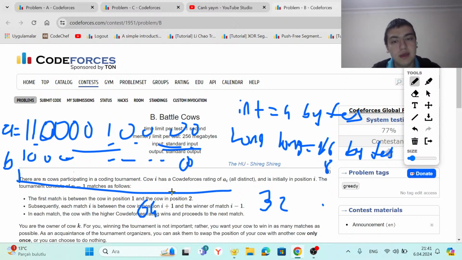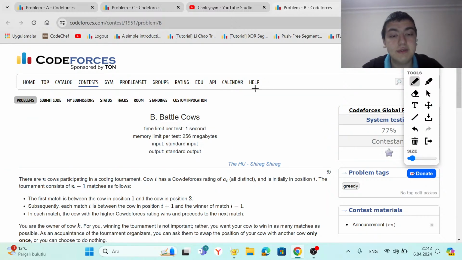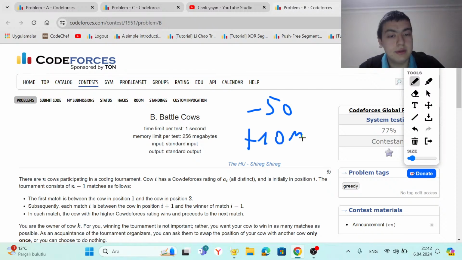But there is only a very small difference between using int and long in both memory and time in practice. In Codeforces and similar contests, when you submit a wrong answer, you get a huge penalty in the contest, like minus 50 or plus 10 minutes.